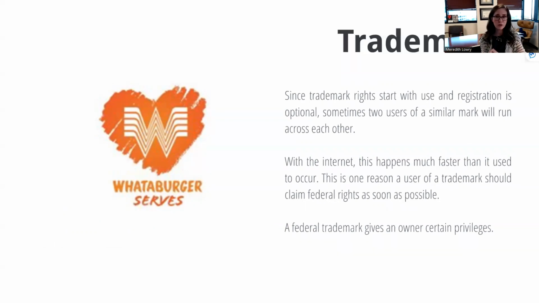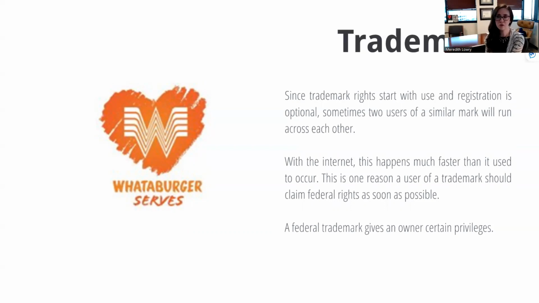So like Whataburger, the Texas chain, cannot have a Whataburger in Russellville, Arkansas, because of the pre-existing Whataburger that is there. In the same sense, the Whataburger in Russellville cannot move itself to Fayetteville, Arkansas to have a burger chain, because Whataburger in Texas filed for the federal trademark registration.